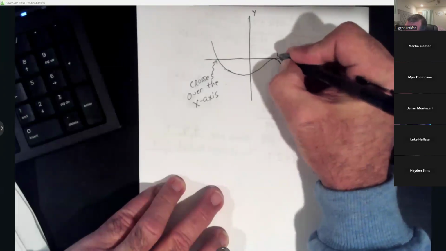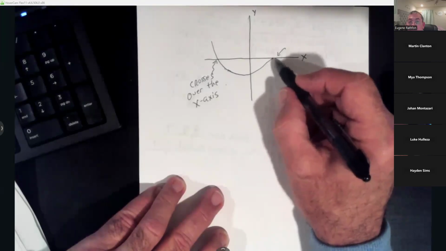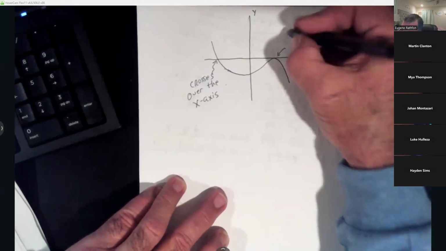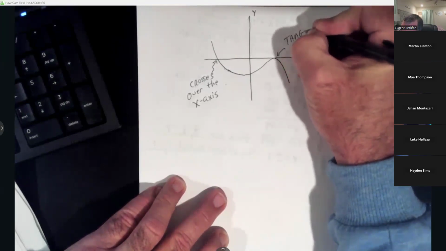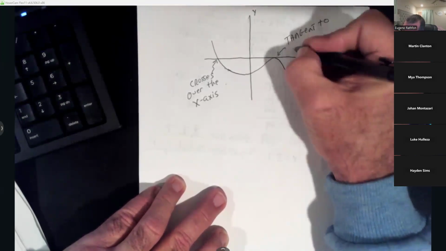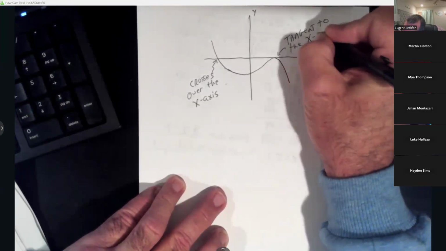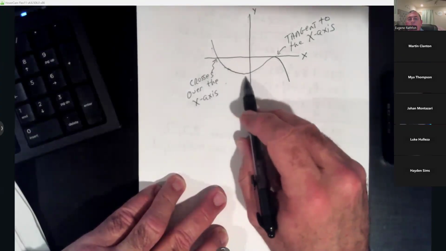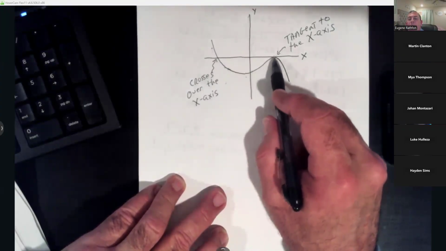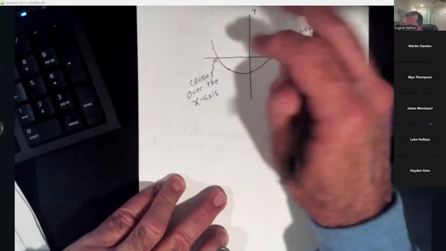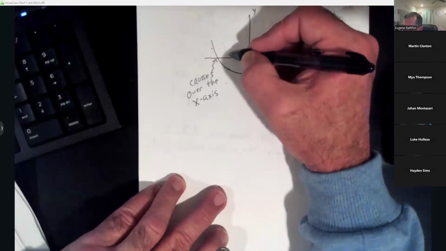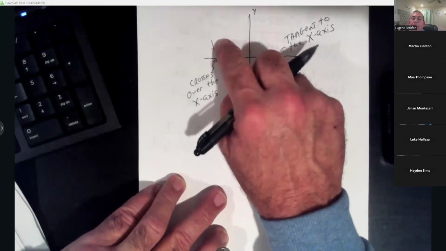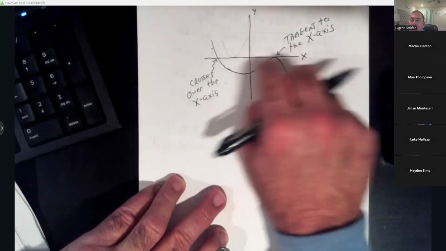Right here, where this one is at, we say this is tangent to the x-axis. So these will either cross all the way over the x-axis or they'll come up and be tangent. And y'all, they can be tangent on this side also. They can come down, touch it, and then turn up, okay? So they can be tangent on top or bottom of the x-axis, okay?